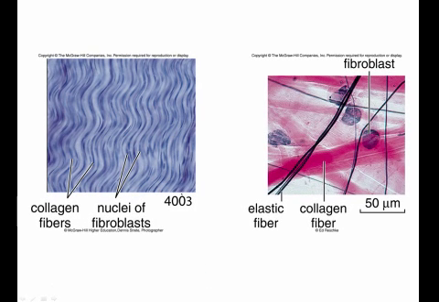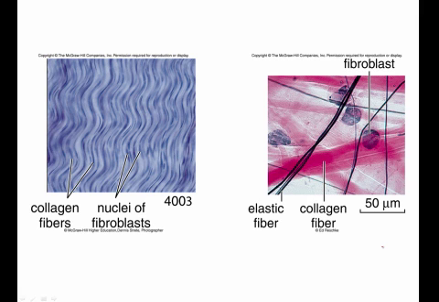Here are some pictures. On the left, this is the dense fibrous connective tissue. The little dark spots that you see there represent the nuclei of the fibroblasts, those cells that have produced this matrix material, and the matrix is primarily the thick bundles of strong collagen. On the right, this would be loose fibrous connective tissue, and so you see a lot more space.